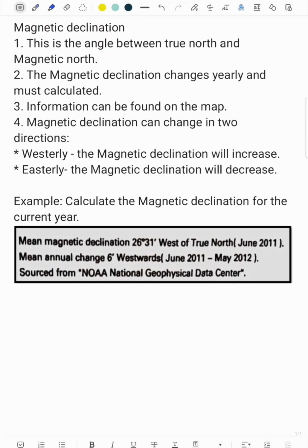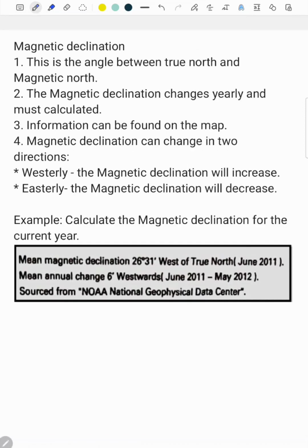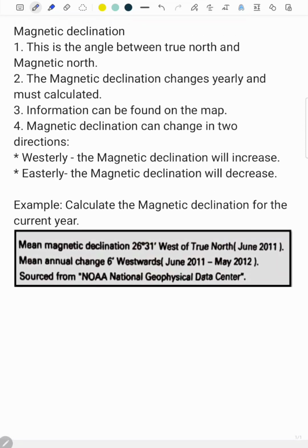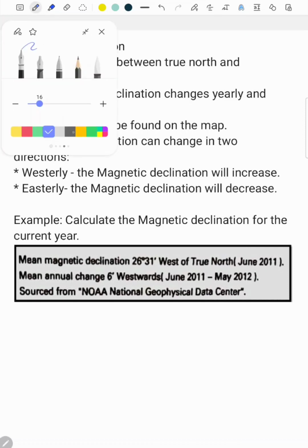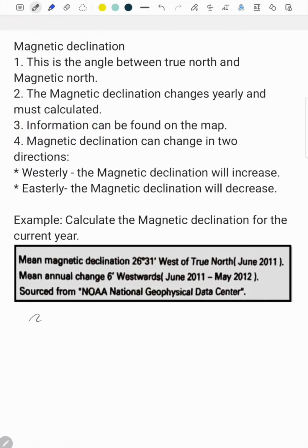In order to do that, how do we start? We start by determining the difference in years. Then when we determine the difference in years, we will be able to determine the change. The current year is 2024.